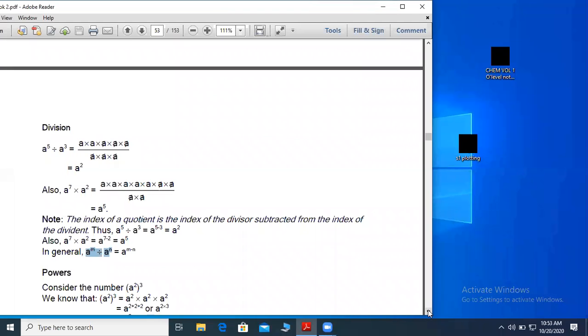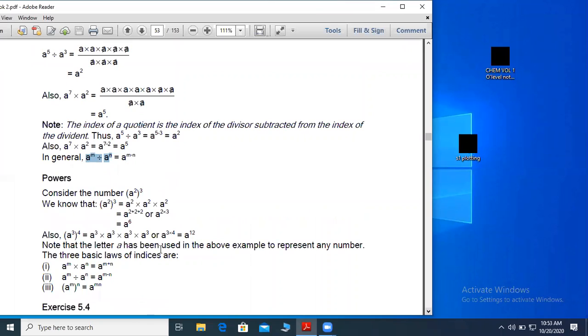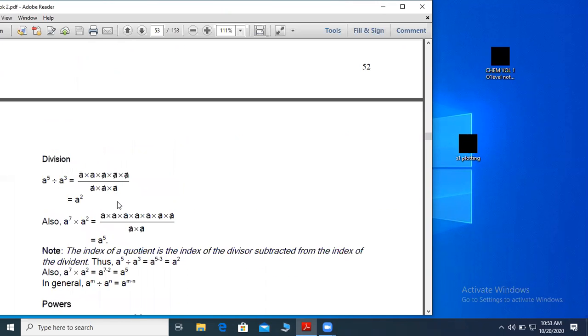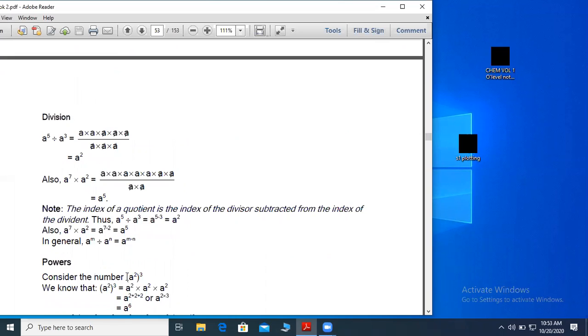Okay, let's now look at powers. Powers, we consider a number which has 2 powers. How do we deal with it? For example, this one, it is a power 2, but there is also a power which is 3 here.